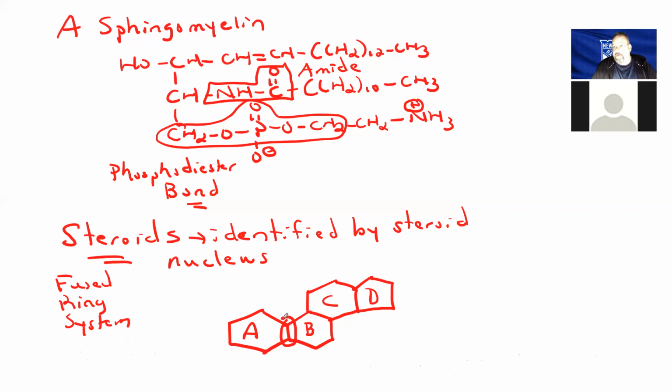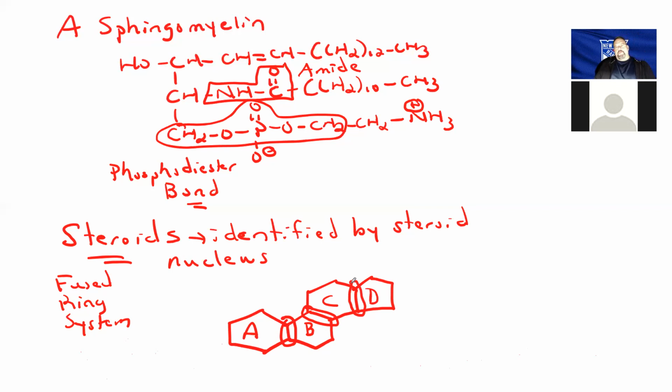That side is common to both rings. The B ring and the C ring share this side right here. It's common to both rings. And then the C ring and the D ring share that side right there. It's common to both rings. So essentially for a fused ring system, you have rings that have a common side or an overlapping side with each other.